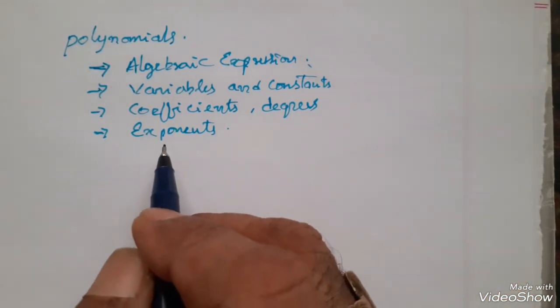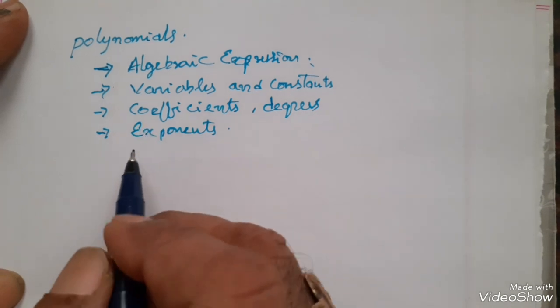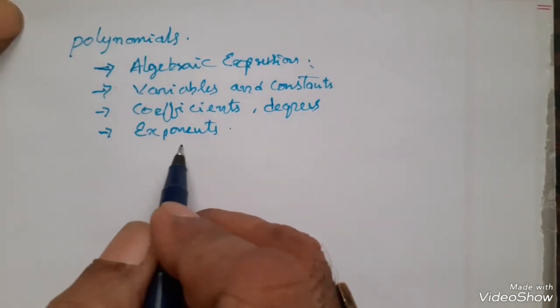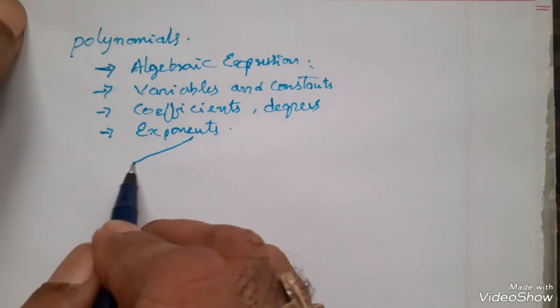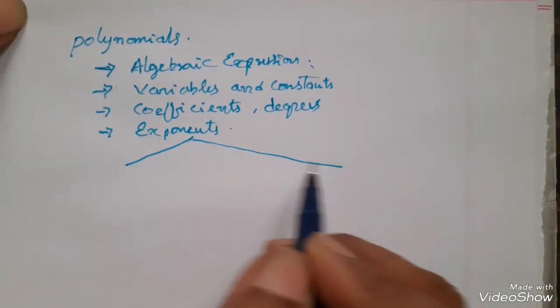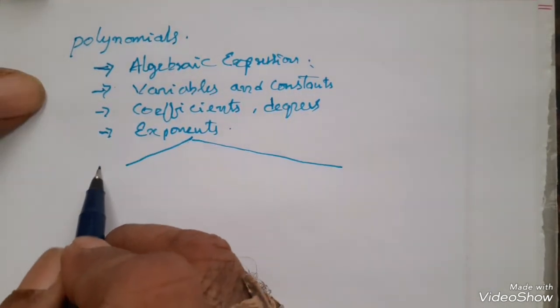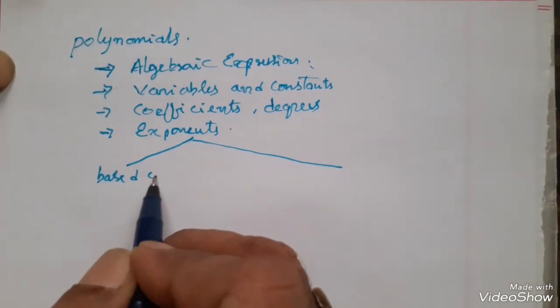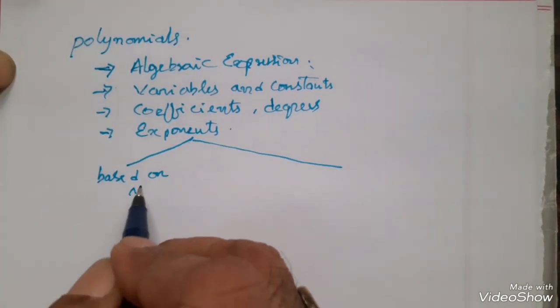So first, polynomials we can classify based on the number of terms.